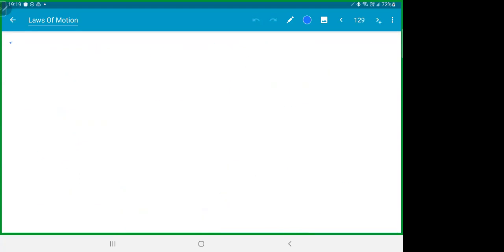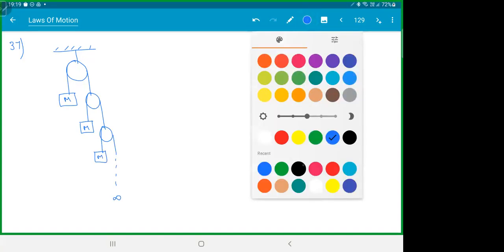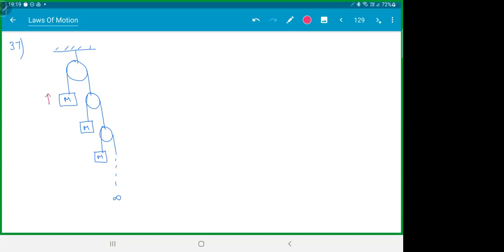Let's see how many of you will get this. We have a block of mass m and infinity. Ta-da! Find the acceleration of this block.